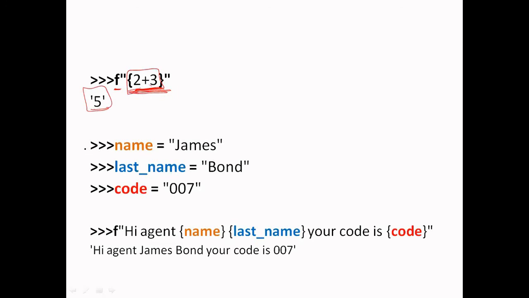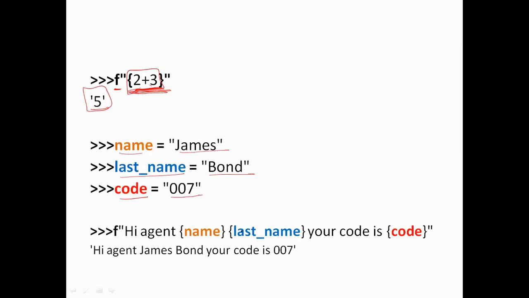Let's see another example for more understanding. In this case, I have taken a variable name which has the value James, then last name which has the value Bond, and then I have taken another string, code, which has the value 007.